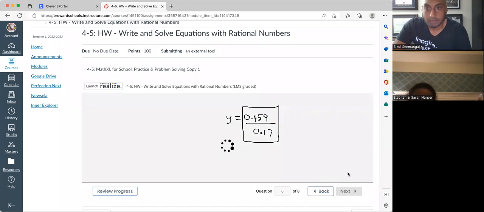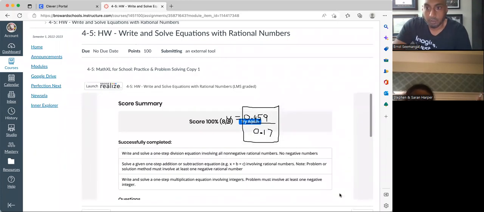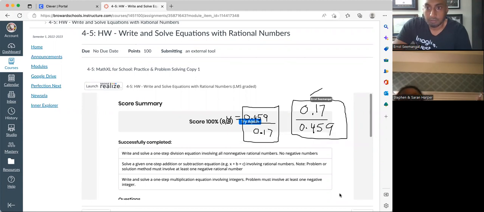Why is it this way and not the other way? Because the other way you really would have gotten a bunch of random numbers. And also, I don't think 0.17 goes into 0.459 evenly.